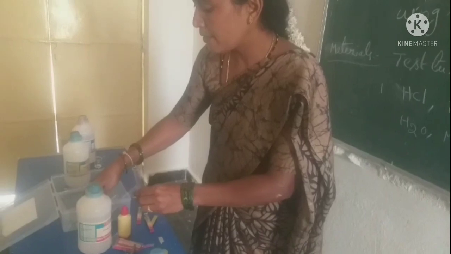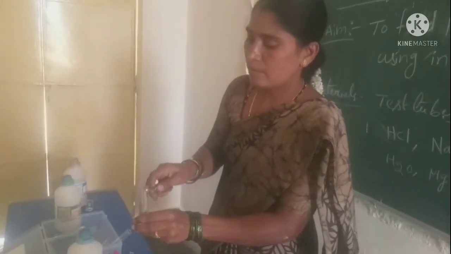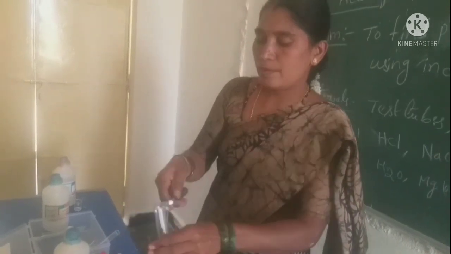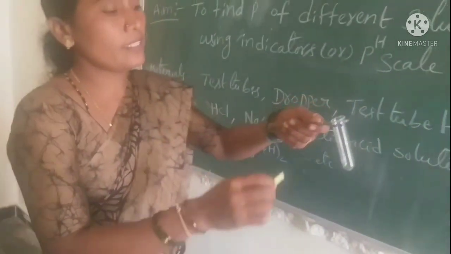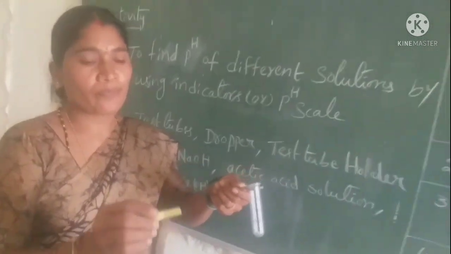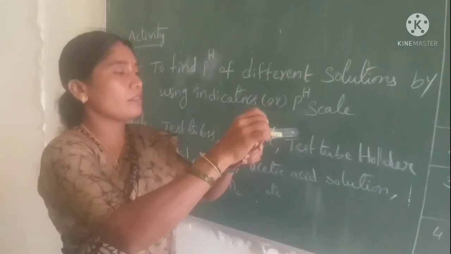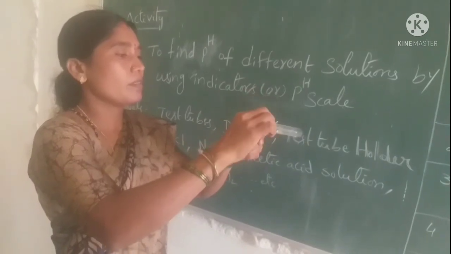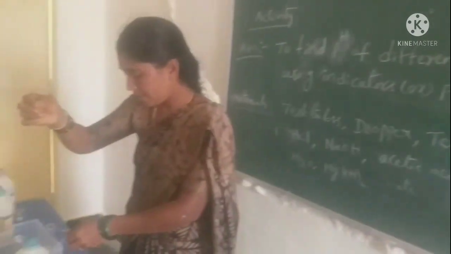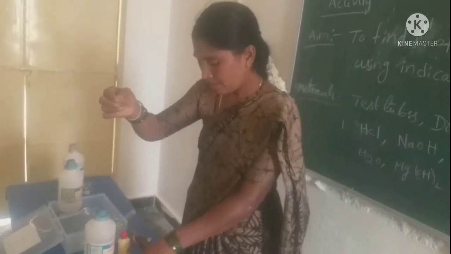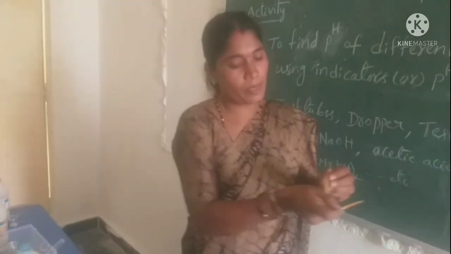Next, acetic acid. We take acetic acid in a test tube. Check with universal paper. Which color? Compare with the universal paper.